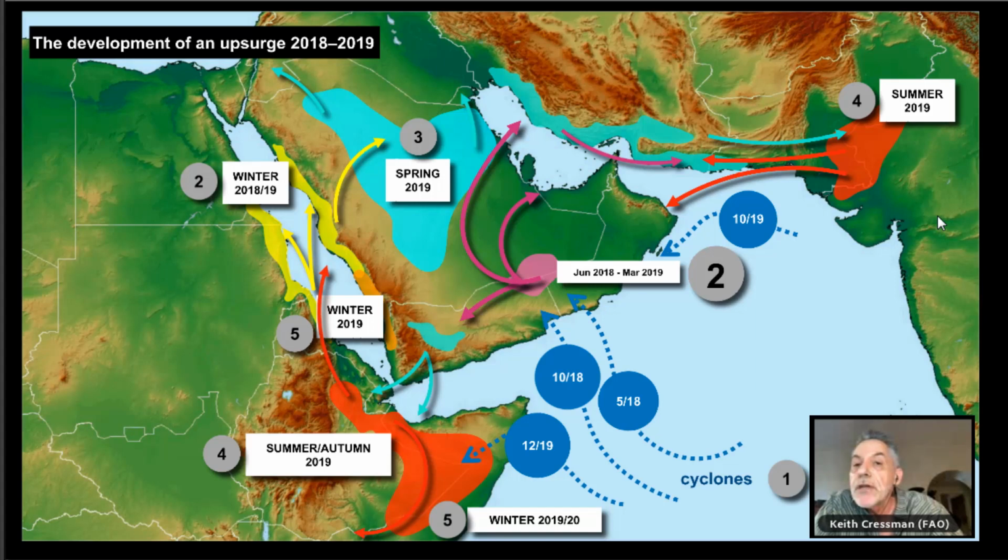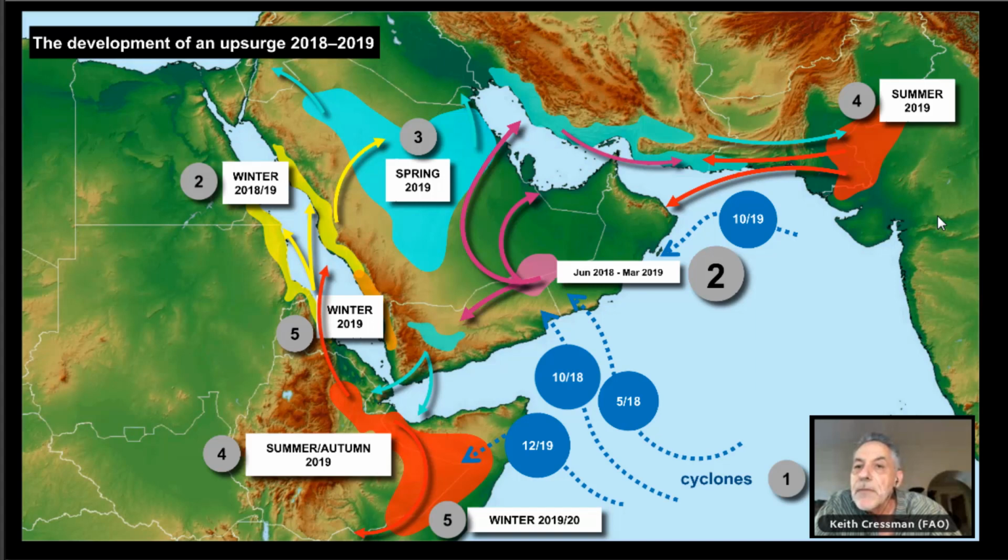So there were 3 generations of breeding, an 8,000-fold increase of locusts from June of 2018 until March of 2019, that brought successive waves of swarms out of that area to the north and to the south. And from there, the upsurge got on its way. It affected southern Iran and then later India and Pakistan.